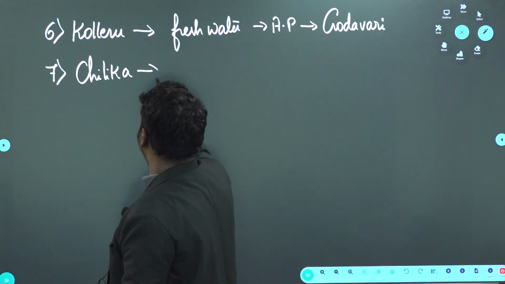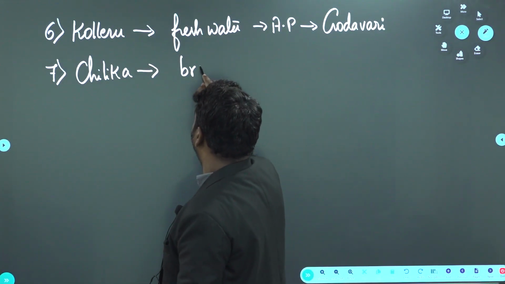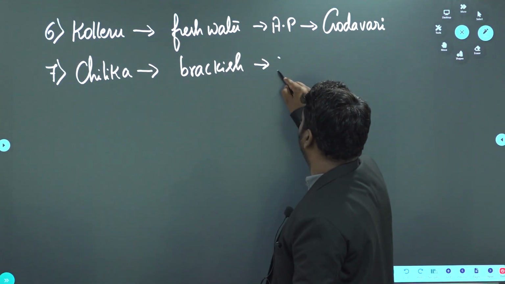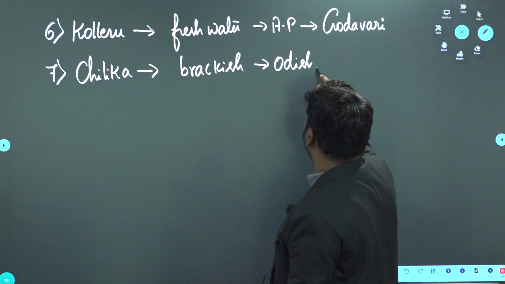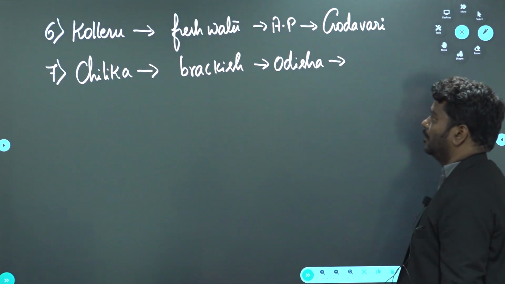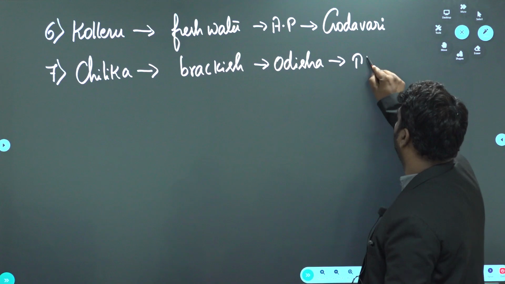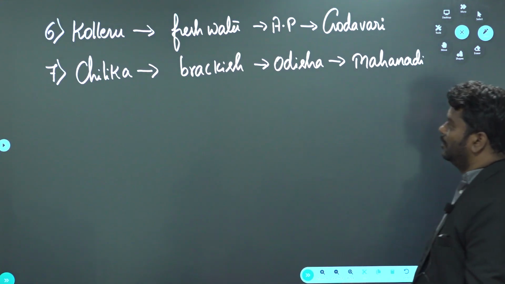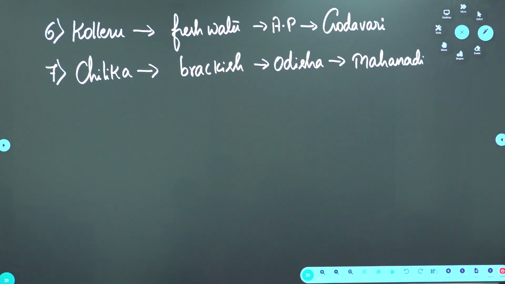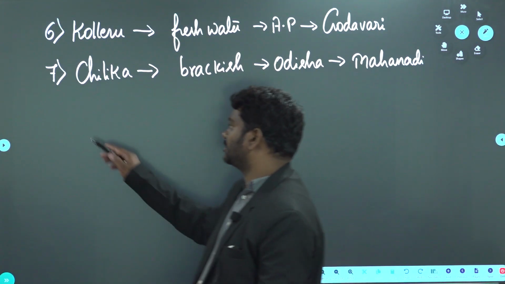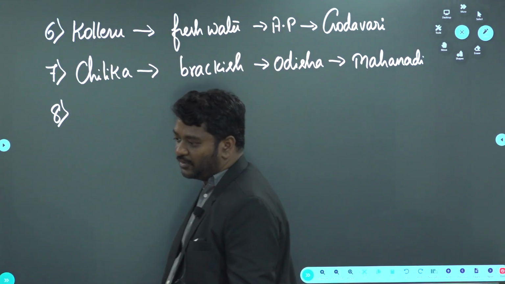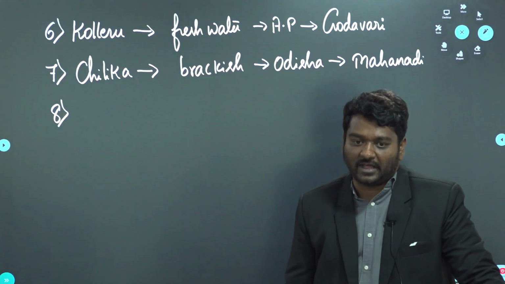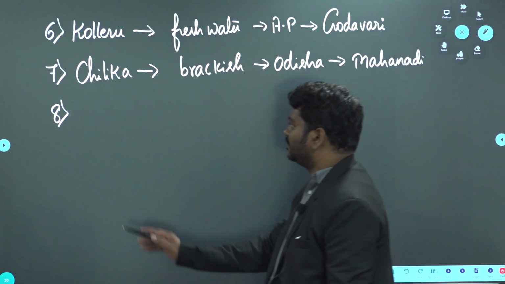Chilka, brackish water, Odisha, Mahanadi. Chilka is almost touching the ocean. That's the reason it's brackish. And wherever you have brackish and saltwater, crocodiles will be there. Just have clarity about that. Questions are asked on this lately.